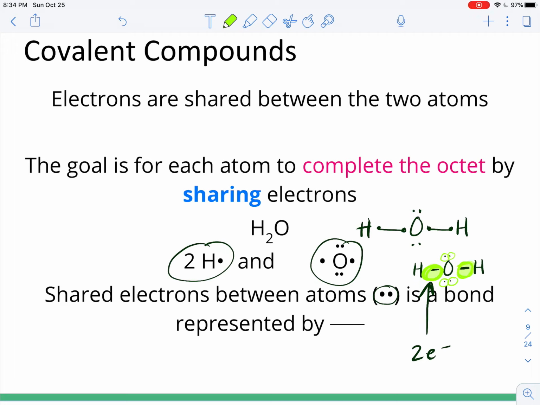So there are 8 electrons now around oxygen. I'm going to backtrack and redraw that just so we can see. We've got 1, 2, 3, 4, 5, 6, 7, 8 electrons around oxygen. This hydrogen only has that bond, which is 2 electrons. And this hydrogen also only has that bond, which is 2 electrons. Remember, that's okay. Hydrogen and helium are okay with a duet, or only 2 electrons.